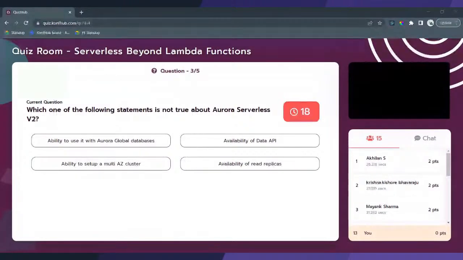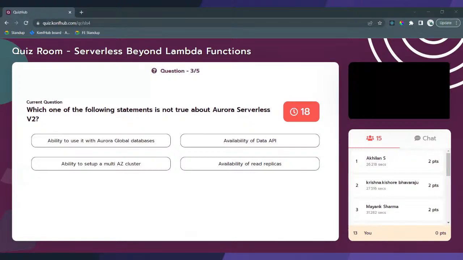Now it's time for the next question. Most of the people, around 7, got the right answer. And now it's the last question, folks.